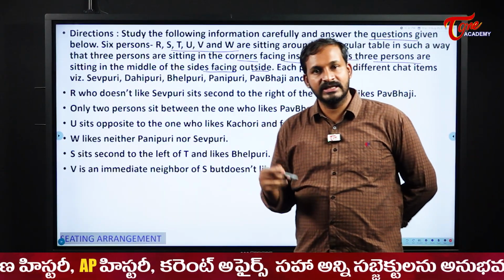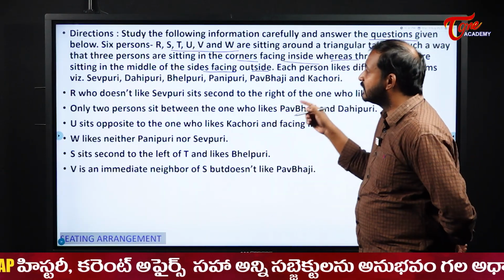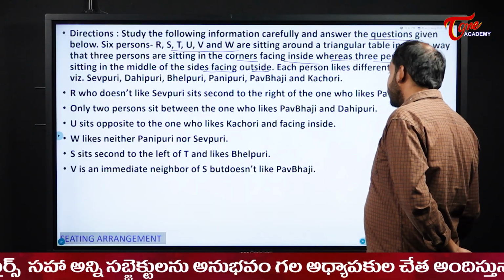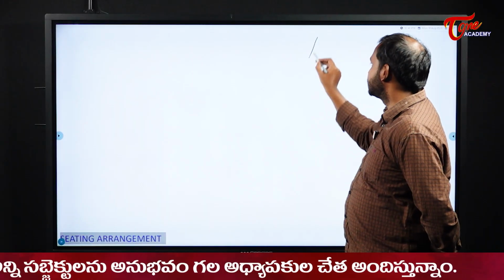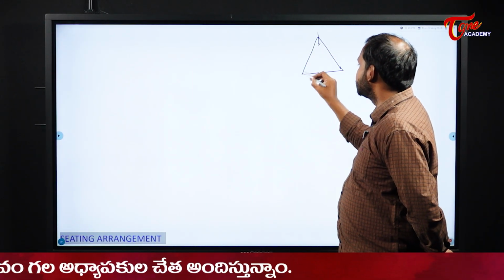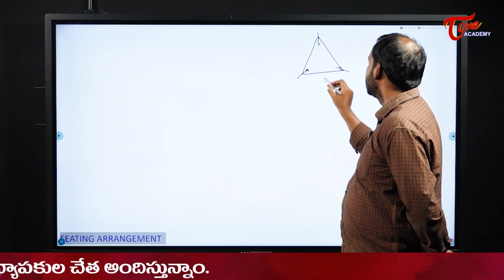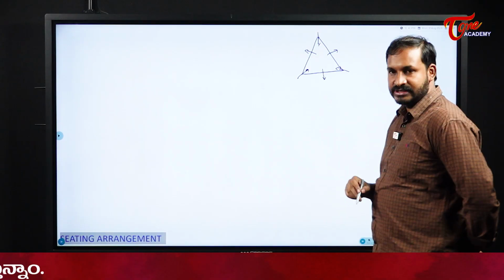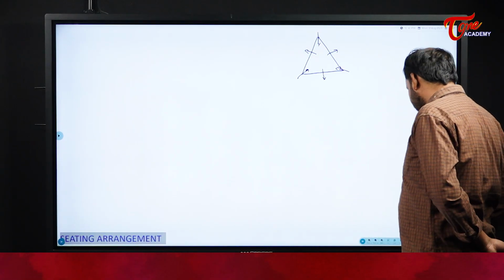So 3 are at the corners and 3 are in the middle of the sides, similar to our last one. Earlier we used to have 8 people, now we have only 6 people. At the corners they are facing inward, in the sides they are facing outward. Overall 6 persons are there.